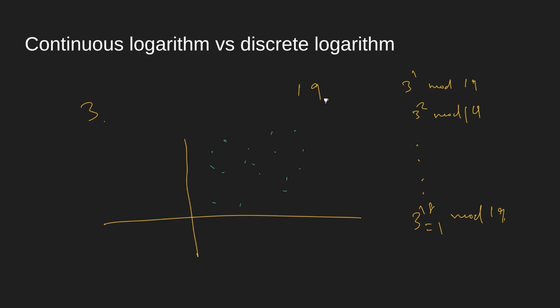This essentially is the foundation of the hardness of finding the logarithm in the discrete case. Discrete means we consider integers, which are separate, like 1, 2. When we talk about real numbers, they are in the continuum. So that is continuous versus discrete. In the discrete case, finding the logarithm is very hard.